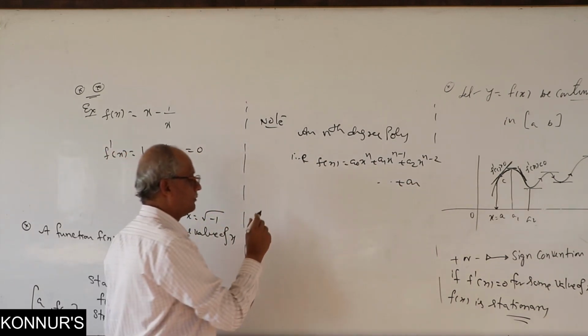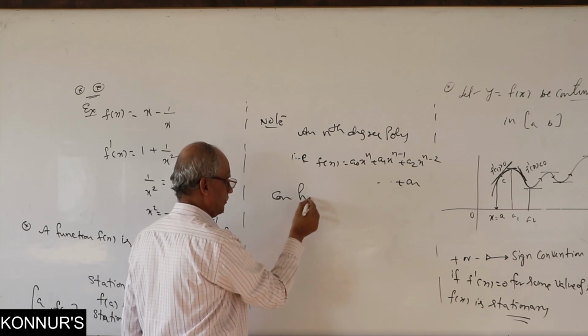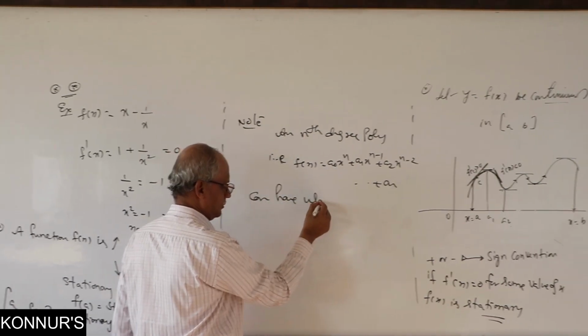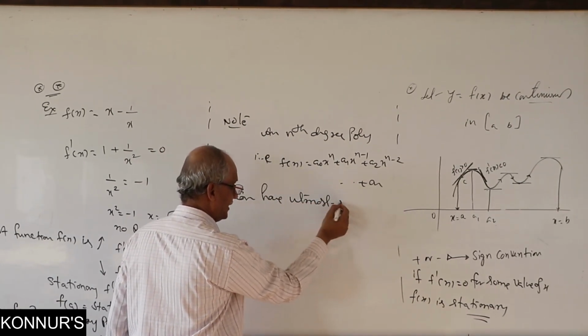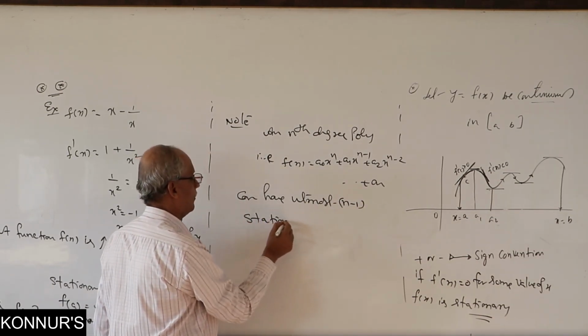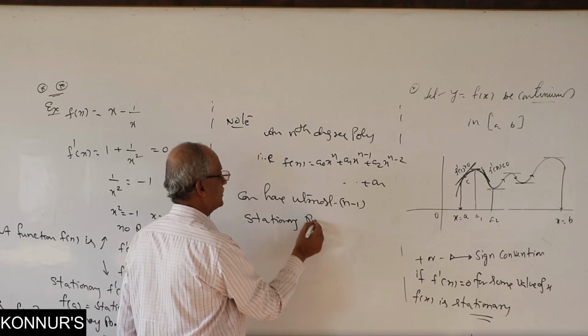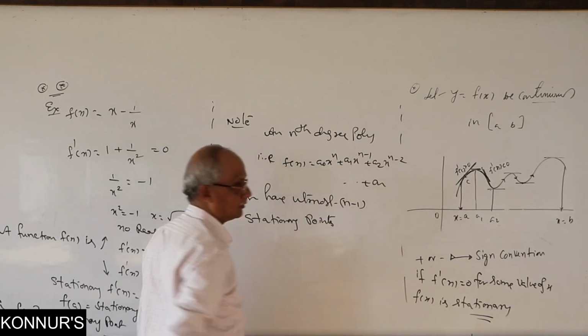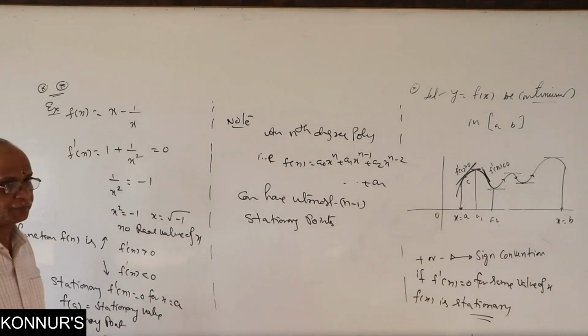An nth degree polynomial can have at most n minus 1 stationary points. This is about the discussion of increase, decrease, stationary.